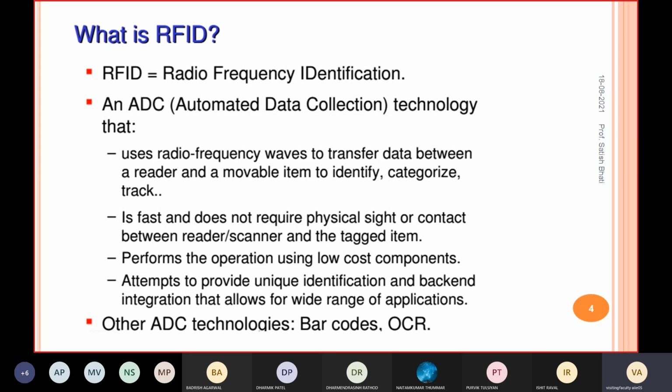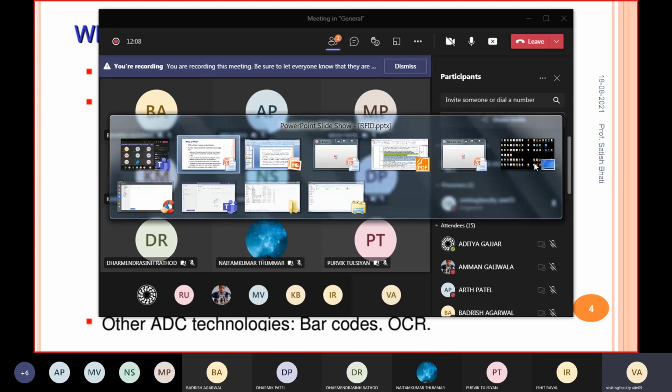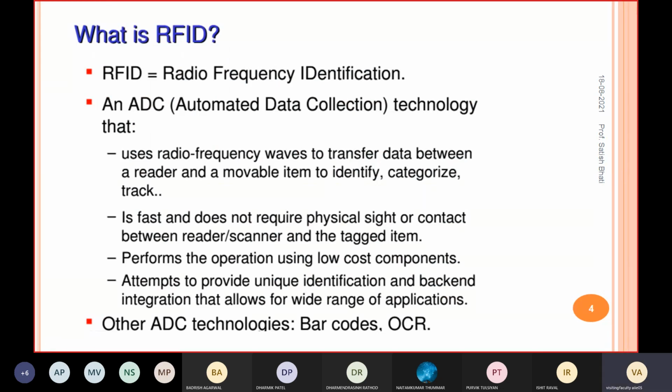In that barcode scanning, your code and your scanner, or the code reader, should be in the same line, so it should be in line of sight, right? But here in RFID, that is not necessary. Your reader is at some place, and your tag item is at some other place, and between them some other object may be there.